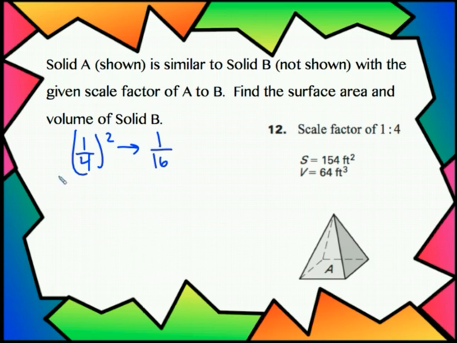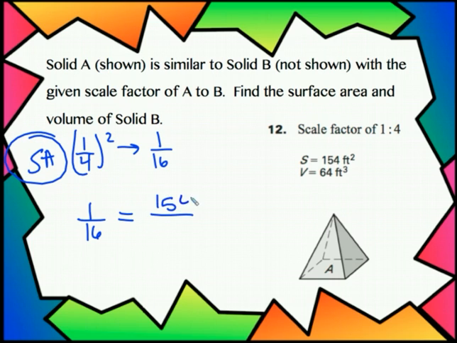So this is surface area. So then you do 1 over 16 equals 154 over, I'll put an S this time instead of an X. So then when you cross multiply, you get the surface area equals 16 times 154, and that's 2,464.